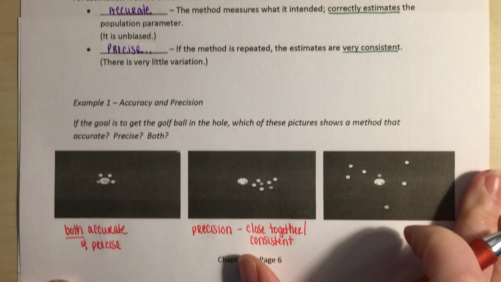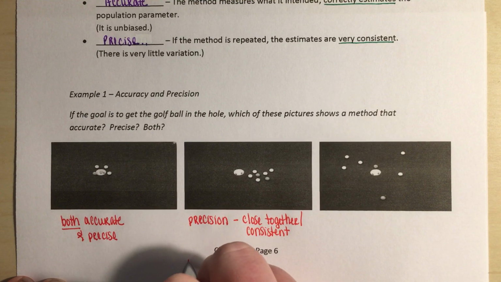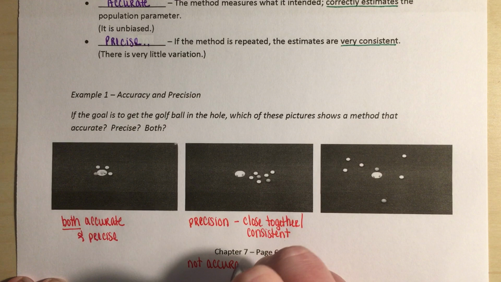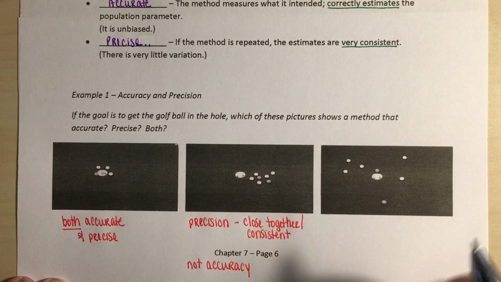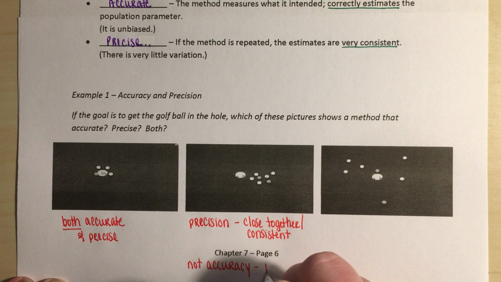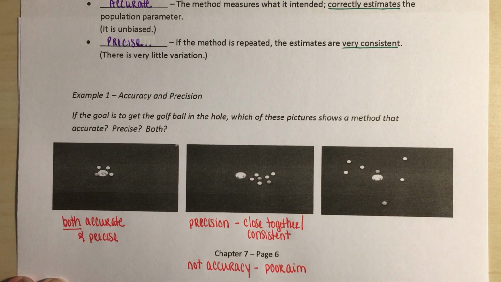However, this does not show accuracy. Right? Accuracy means it's correct. In this case, it's not correct. The aim is a little to the right. So poor aim is an example of non-accurate results.